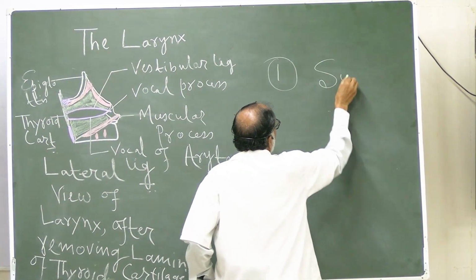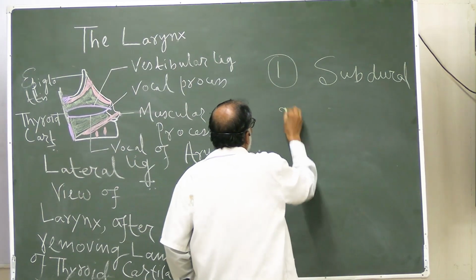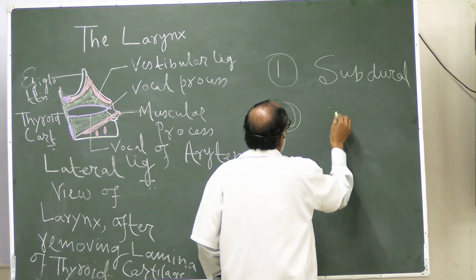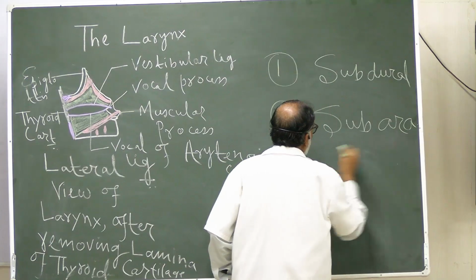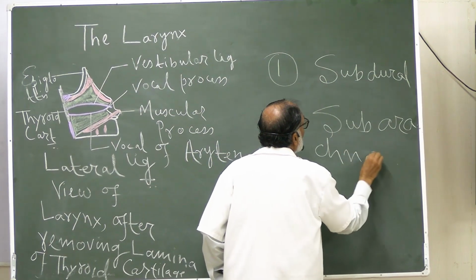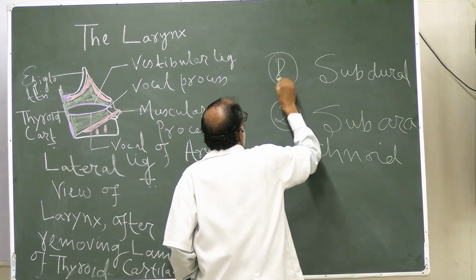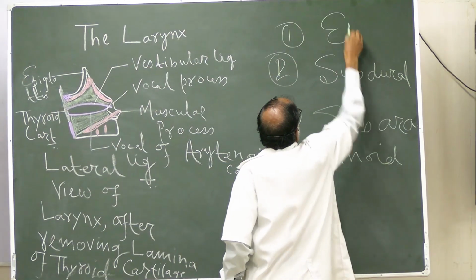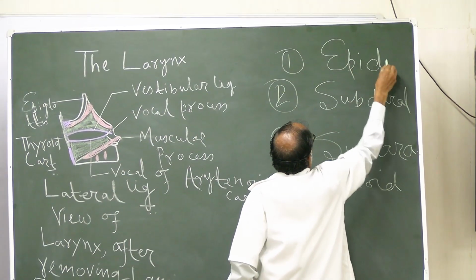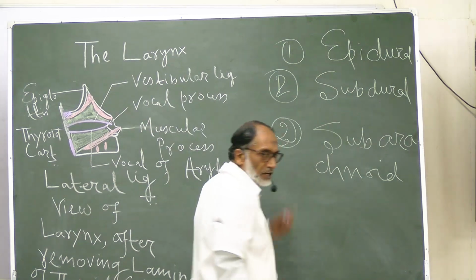Epidural, subdural, subarachnoid. These three spaces are very important.